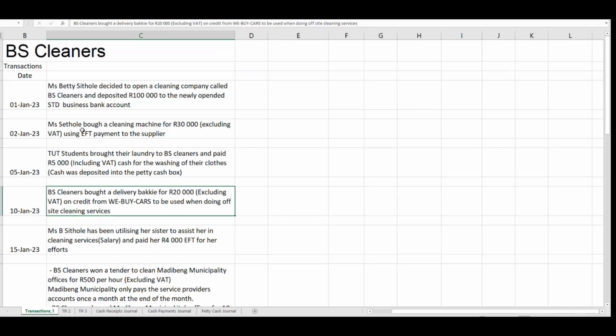Transaction number 2 says Ms. Bisitole bought a cleaning machine for 30,000 rands, excluding VAT, using an EFT payment to the supplier. Who wants to tell us whether it's the cash receipts or cash payments journal, and why? Let's see by the raise of hands.